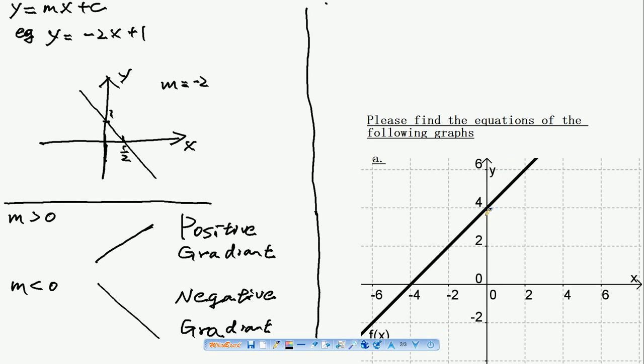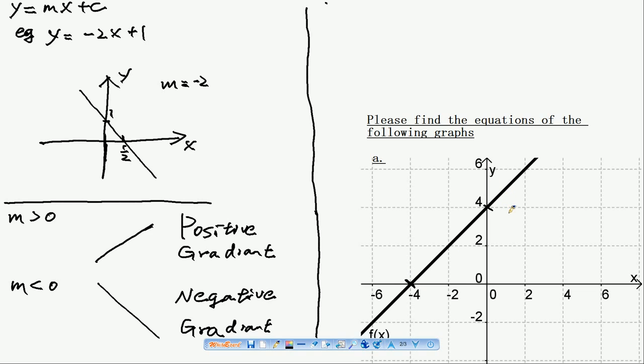So here the shape of the straight line is in this direction, so the gradient is positive, and we need to find 2 points to do that. It's the x-intercept and y-intercept.